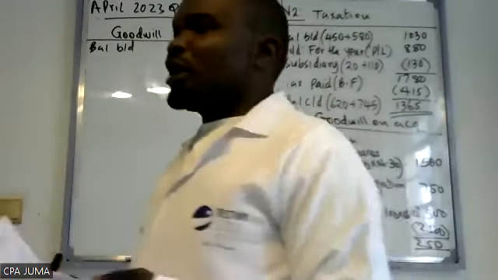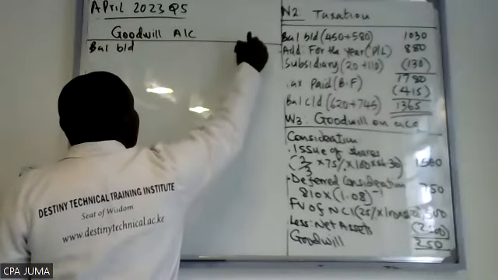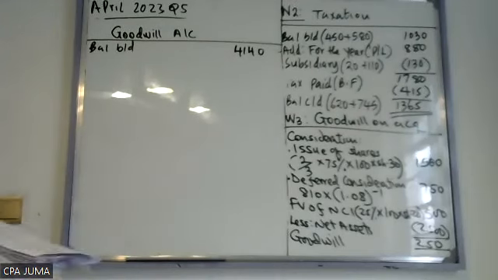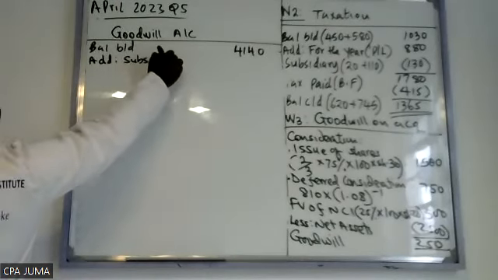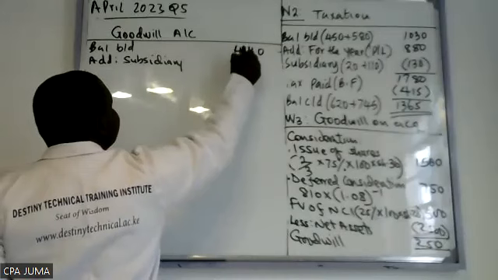Go to the balance sheet for non-current assets. Good, 4140. So when you started the year, goodwill was 4140. You add the goodwill of the subsidiary. Subsidiary came with goodwill, the one we have determined, of 250.